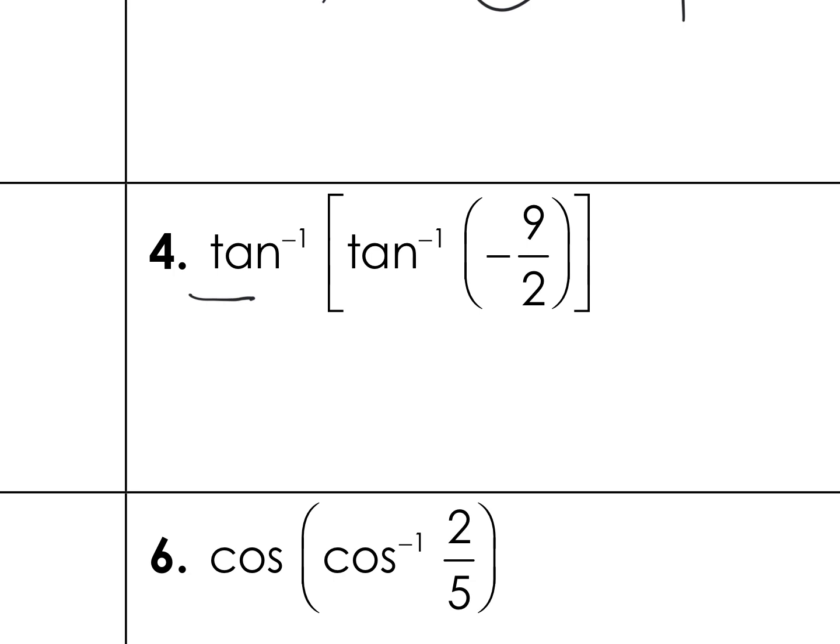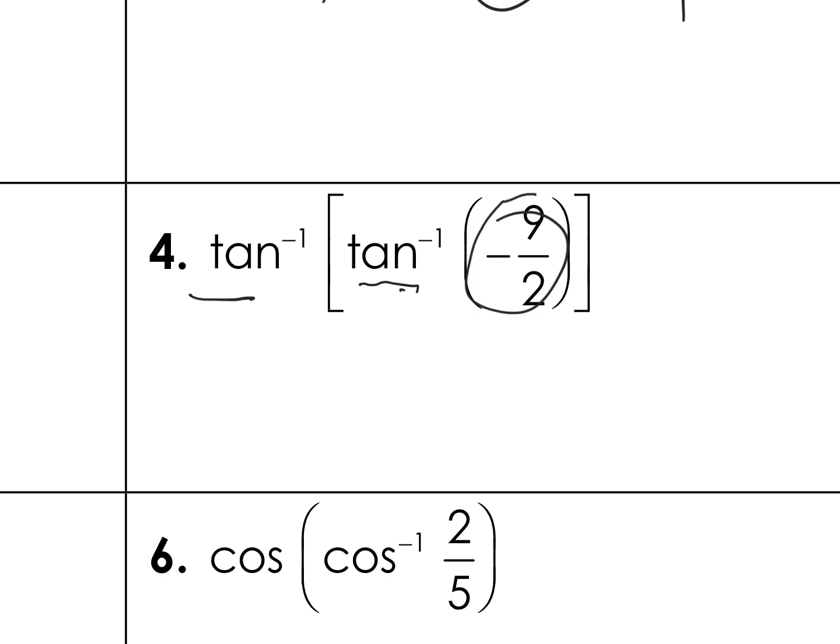Arctangent. Oh, it suddenly did not get easy. Arctangent of arctangent does not cancel out, does it? I have to be totally honest with you. I don't know the answer, because 9/2 is not a special angle. The tangent of what is 9/2?